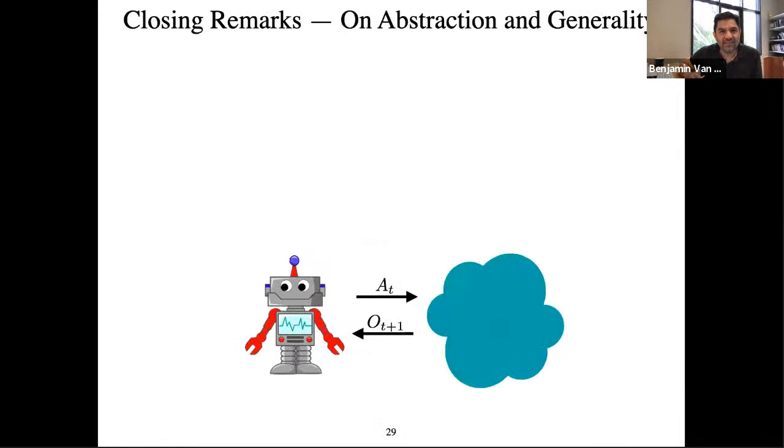All right, finally, just to close, I thought it'd be interesting to talk about a philosophy underlying how reinforcement learning work is motivated. So in a sense, reinforcement learning has pushed toward abstraction away from simplified models of specific environments.